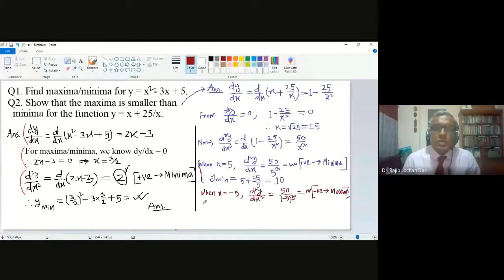And again you go back to the original function, that is the given function, and you put the x value as -5. So it will be -5 plus 25 by -5, because it was x plus 25 by x. So we are putting -5 for the x value, and then you get the answer as -10.